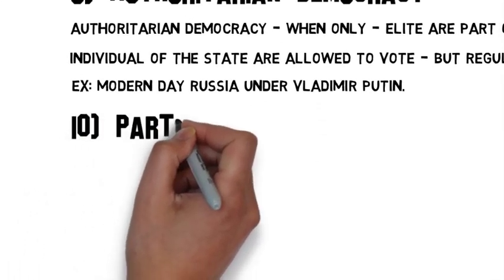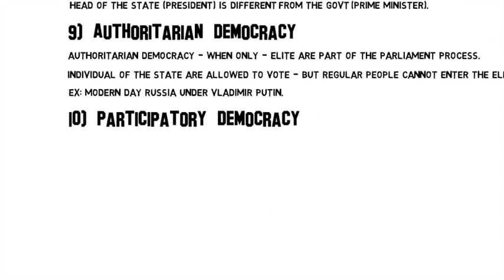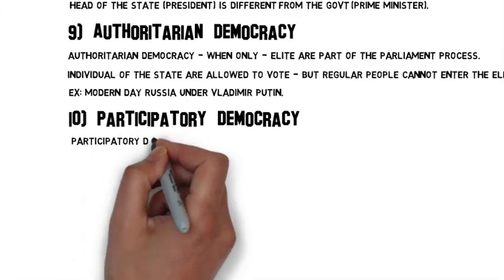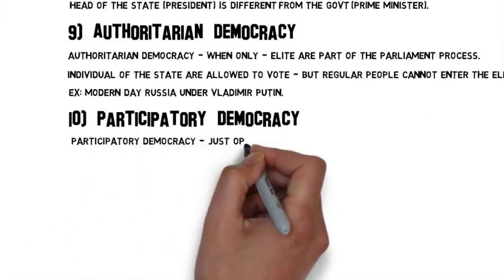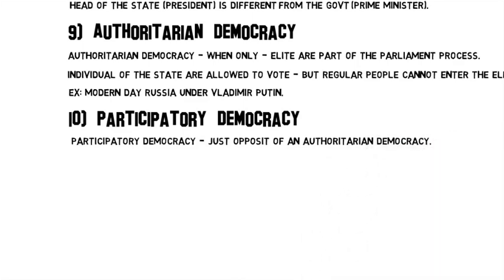Moving on to point number 10, participatory democracy. Well, participatory democracy is exactly the opposite of an authoritarian democracy. What happens in the authoritarian form of democracy, where only elites have the power to contest the election, only elites become a part of the parliamentary process.